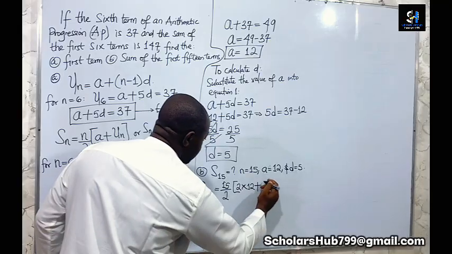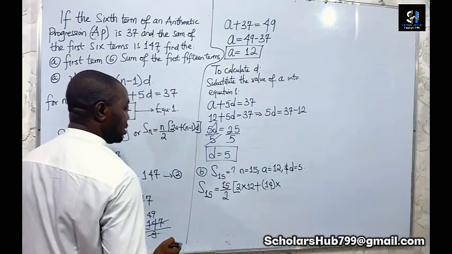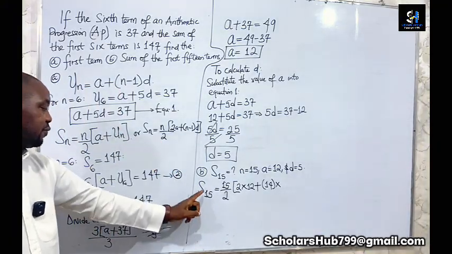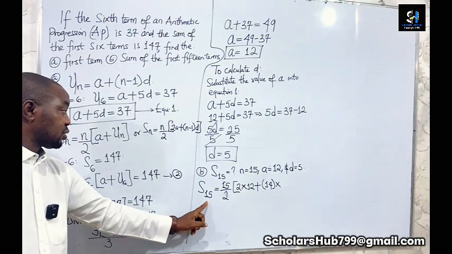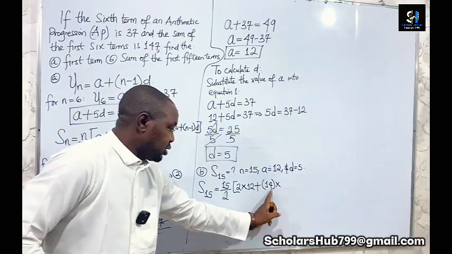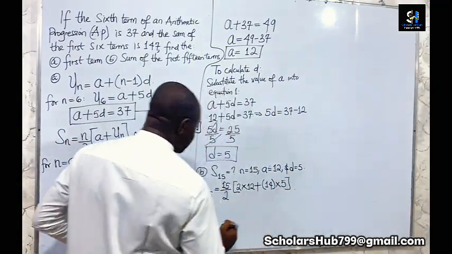Then plus 14 times 5, because remember we are looking for the sum of the first 15 terms, so n is 15, and 15 minus 1 is the 14 we have here. So 14 multiplied by 5, which is the common difference.